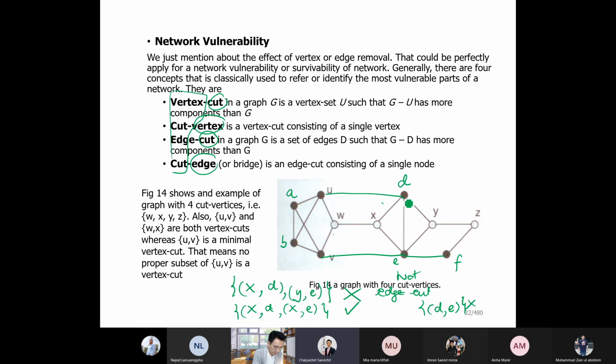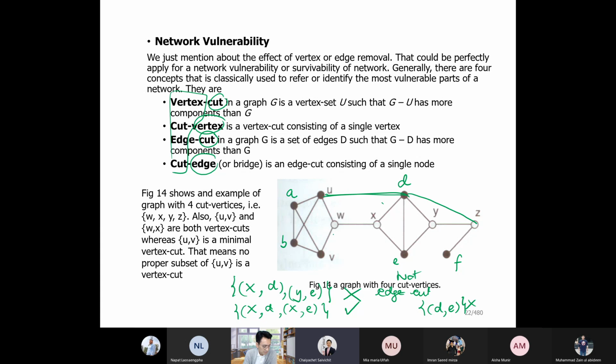You can add more like this to add more alternatives and improve the survivability of the network. But if you want the minimum requirement to have no cut vertex, what about this one? Do we still have a cut vertex?